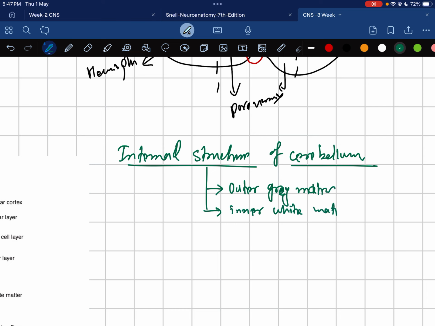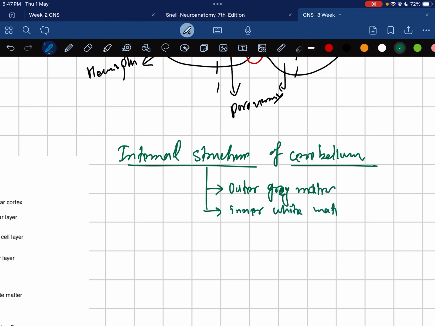The outer gray matter is the cerebellar cortex, and the cerebellar cortex has three layers.